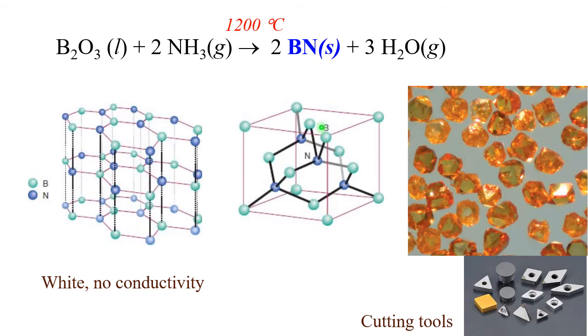Now, the cubic modification of boron nitride that has structure like diamond has hardness very similar to diamond. The crystals can be colorless, with some very small impurities becoming pale colored. Most of them are used for cutting tools.